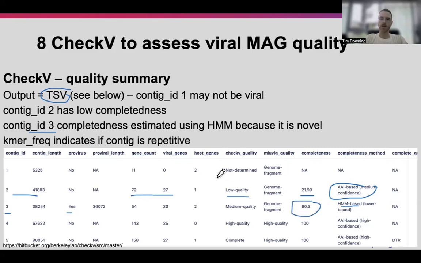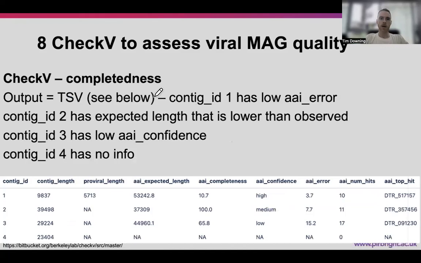You also see that there's a k-mer frequency, not shown here, which indicates the repetitiveness of the contig. You can see here key information in the tables on the prevalence of host and virus genomes on that particular contig. Completeness is another aspect, and this is based on the estimates of error and confidence associated with CheckV.